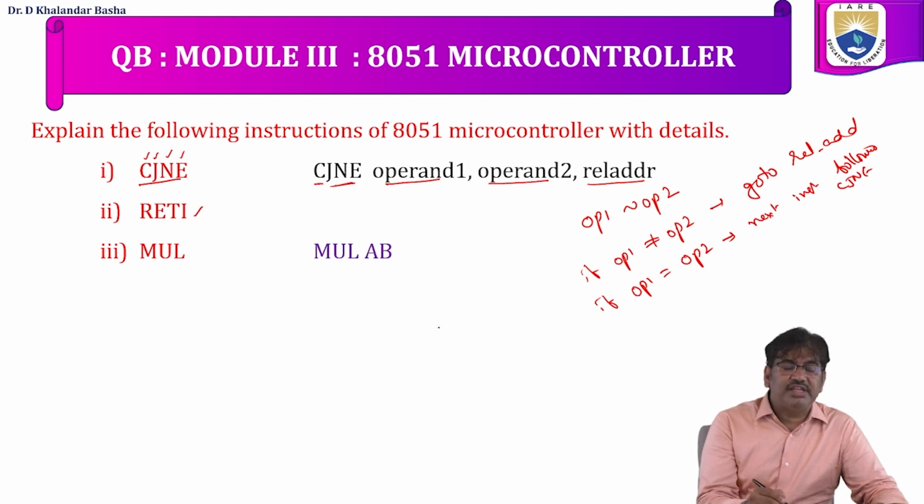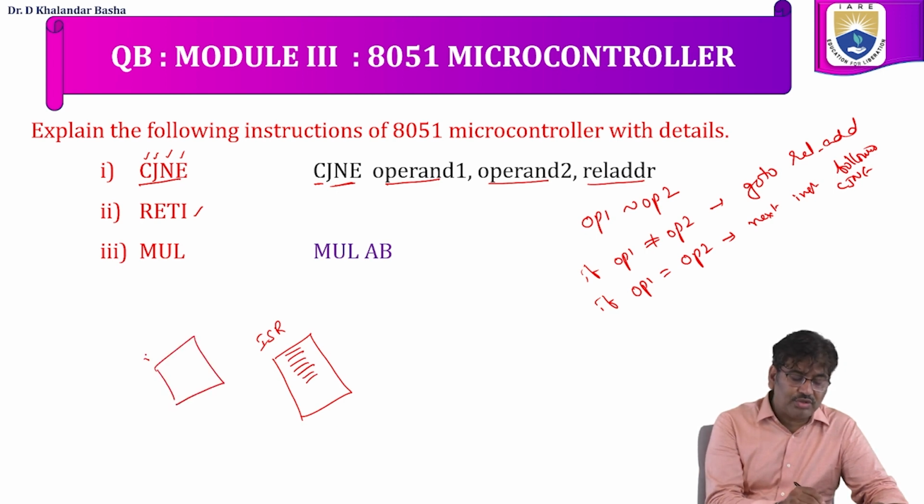The next instruction is RETI, which is written at the end of an interrupt subroutine. Whenever an interrupt occurs, we have to execute the interrupt subroutine for that particular interrupt. After executing it, the controller has to return to the main program.